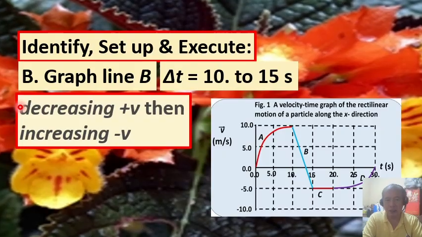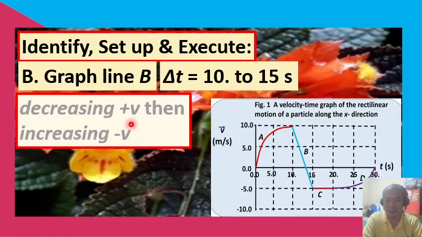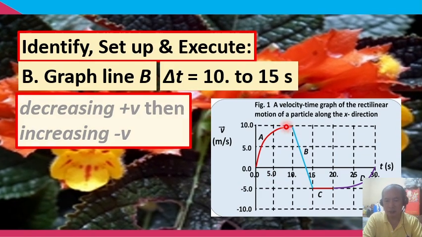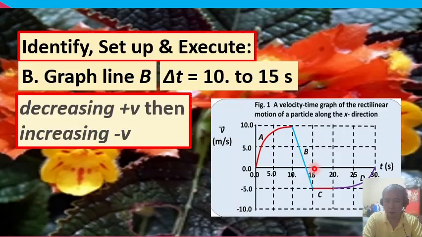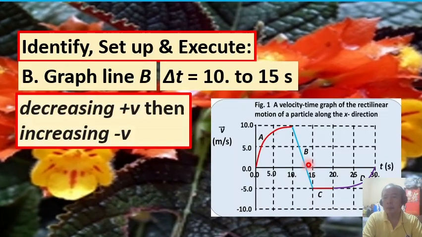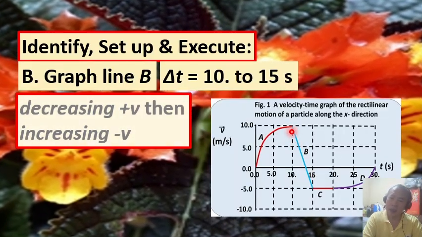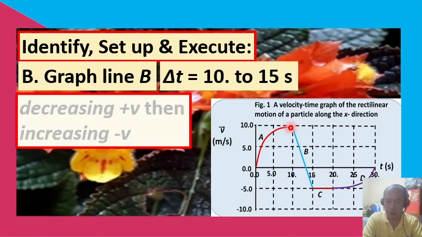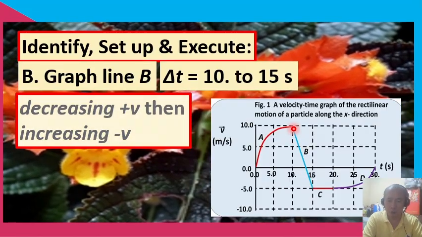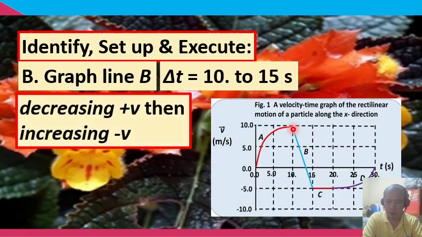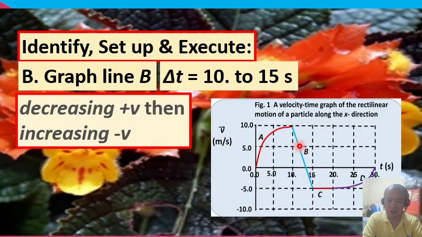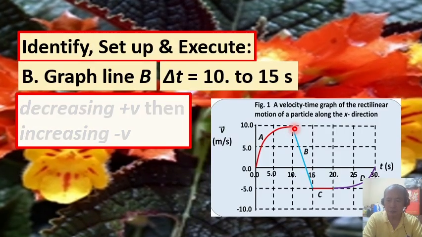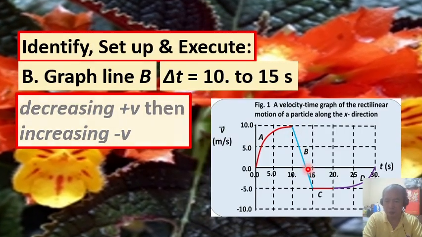Okay, we say that the particle has a decreasing positive velocity, which means that from an instantaneous velocity of 10.0 meters per second, the particle slows down, all right? It slows down constantly. In other words, the magnitude of its velocity decreases until it becomes zero.